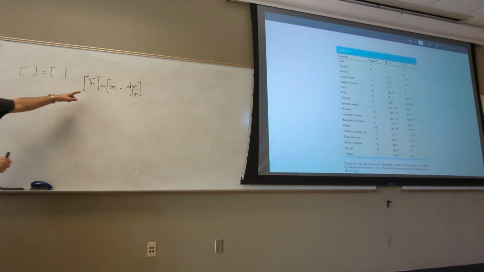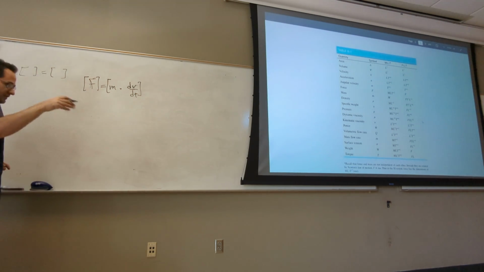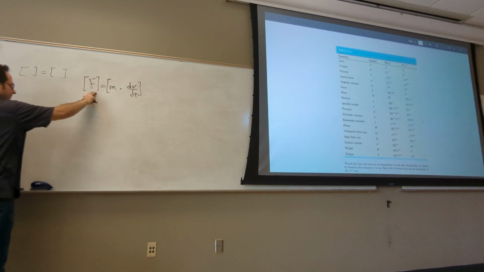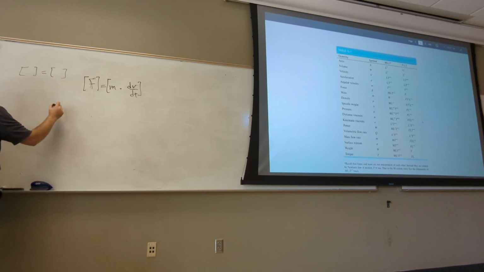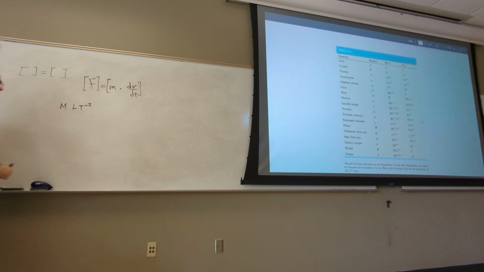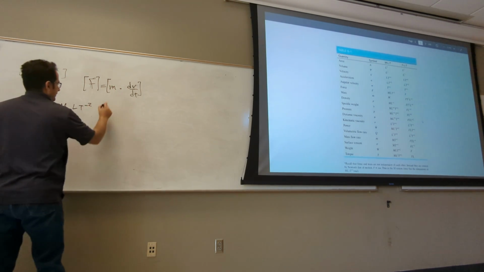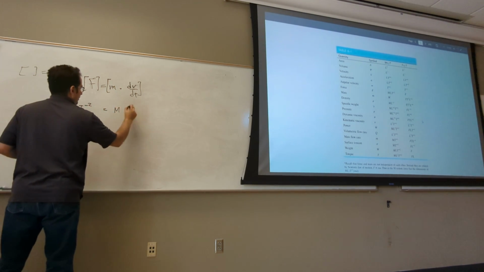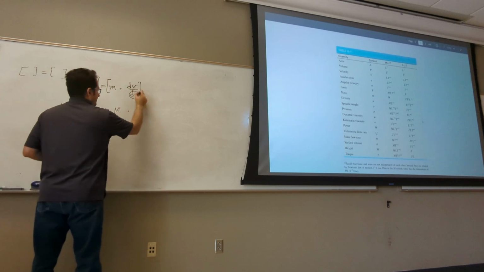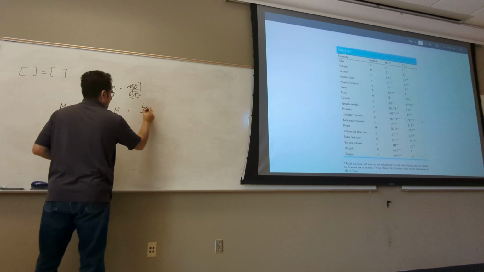So what's the dimension of F? If you go to the table of dimensions, this is equal to M L t to the minus 2. How do you get that? I'll talk about it soon. For the right side, mass is M, times you get the t at the bottom, and velocity itself is L over t.